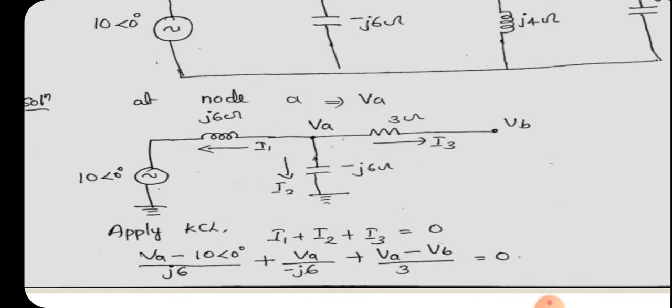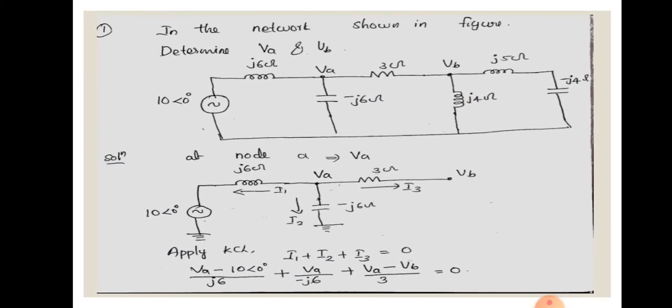Here you have to consider that if you are considering an inductance, its value will be J6. If you are considering a capacitance, its value will be minus J6. So you have to incorporate the positive and negative sign, and also J, because it is an AC circuit, so you have to consider the impedances.